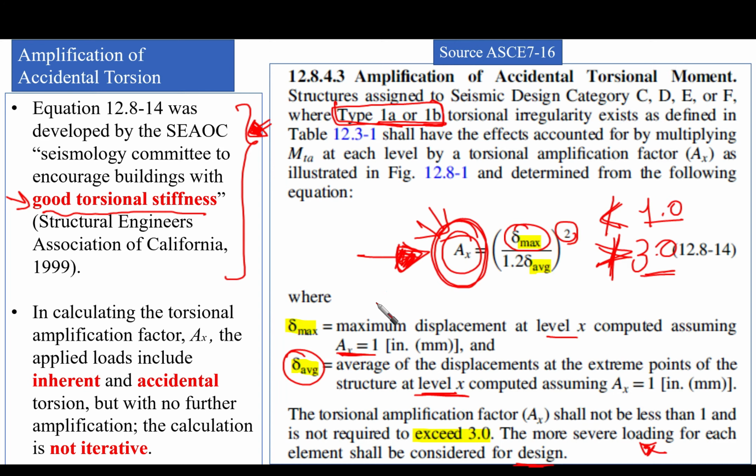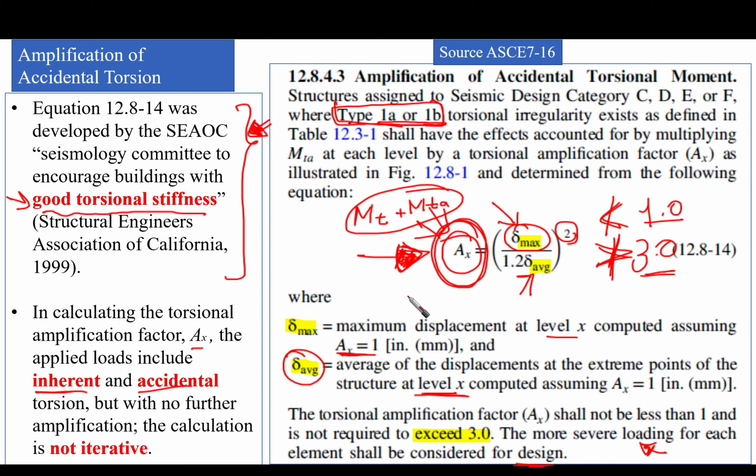Okay? In calculating the torsional amplification factor, Ax, the applied loads include inherent and accidental. That's very important. This delta maximum and this delta average should be calculated taking into consideration the inherent MT plus MTA. Both of them should be used in order to obtain delta maximum and delta average.